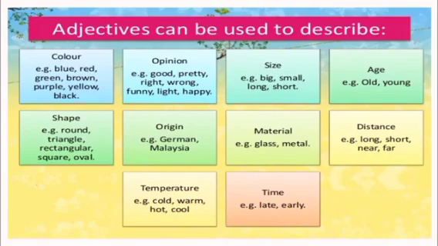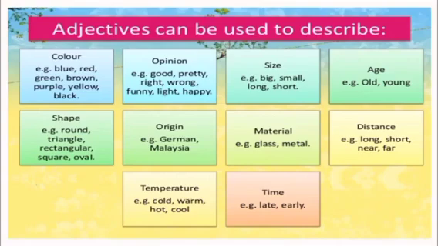Material, for example, glass, metal. Distance, for example, long, short, near, far. Temperature, for example, cold, warm, hot, cool.